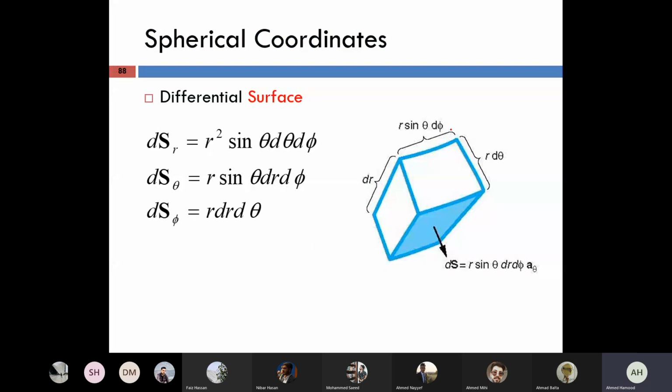Then we have the differential surface, exactly the same as I described in cylindrical. So we have it for three parts: the first variable r, the variable theta, and the variable phi. We have to identify each of these surfaces when we solve.